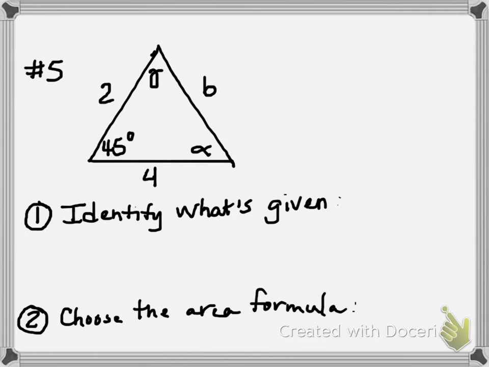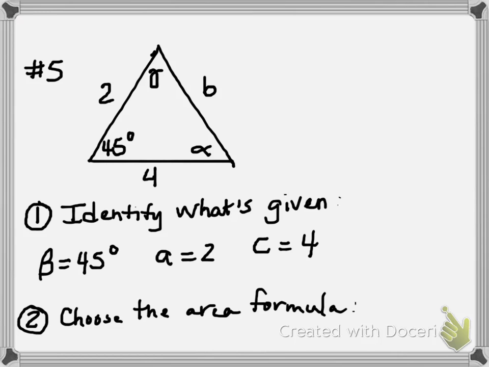So I'm just going to write C equals 4 over here. I also noticed that the side opposite alpha is 2. So A is equal to 2. And then I see that my angle given to me is beta. So beta is equal to 45 degrees.